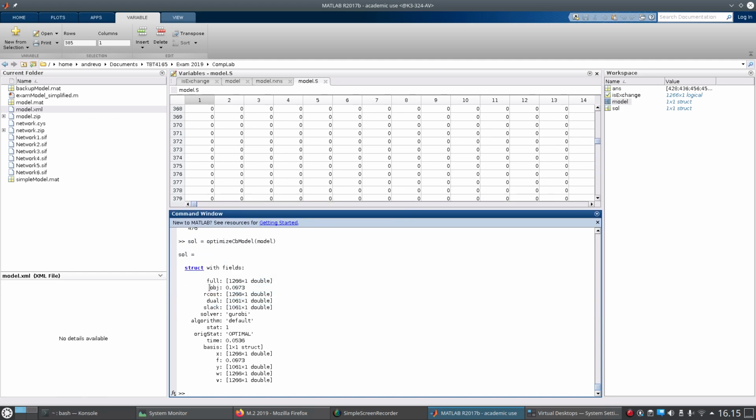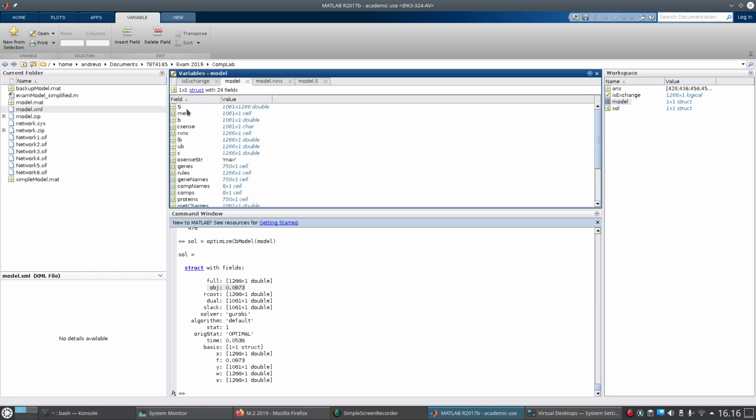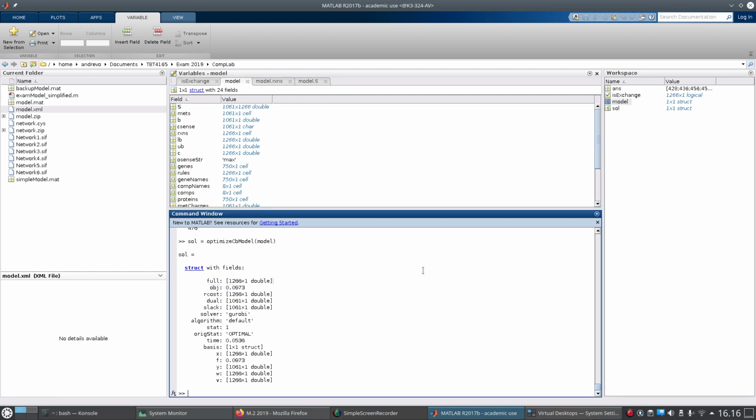And so we see here what's relevant for the growth rate is this value of obj. That's the value of our objective function, which without double checking is the biomass. Let's actually just double check that the objective function is the biomass. So we can just do find model.c.